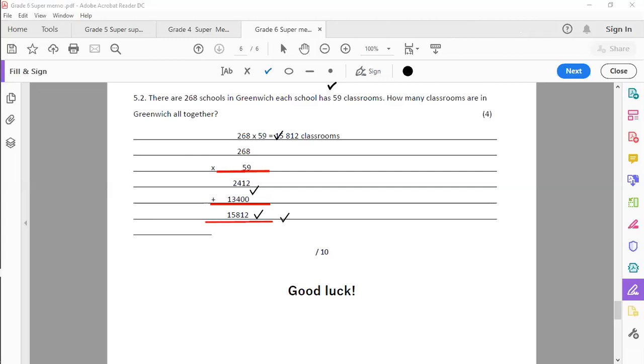So it's 1, 2, 3, 4, 5, 6, 7, 8, 9. I've counted 9 so far. Anyone else? Going once, going twice.